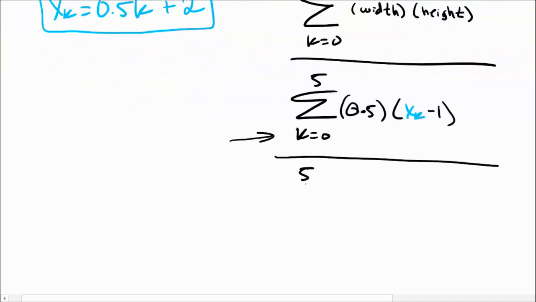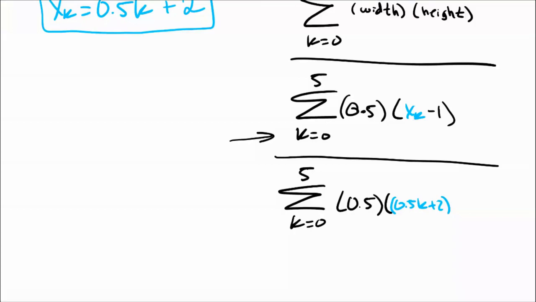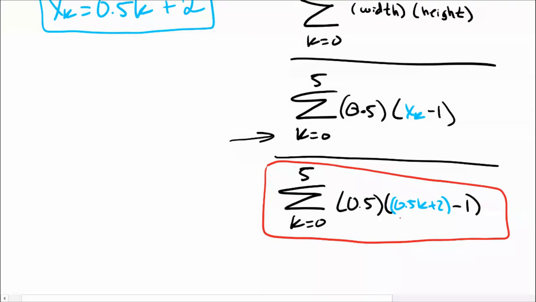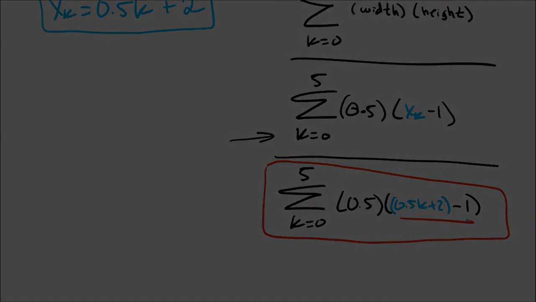So final answer here is going to be sigma notation from 0 to 5. 0.5 is my width. 0.5k plus 2 are all my x values for my height plugged into this equation from my original function. So this is my sigma notation. And yes, you could simplify this a little bit more if you wanted to, but I'm going to go ahead and leave it like that.